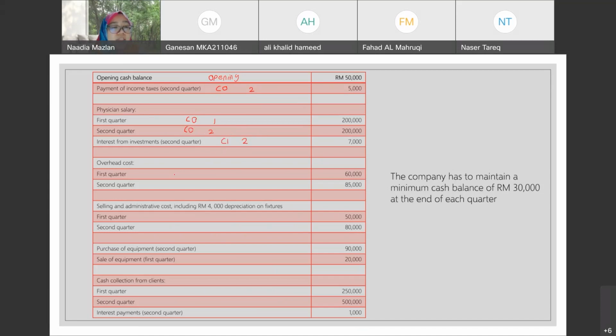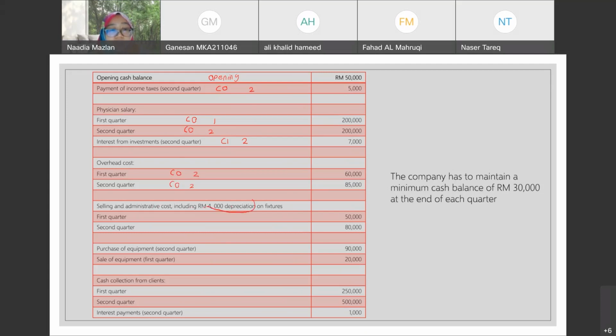So the overhead cost that you have to pay in the 1st quarter is cash outflow, and the 2nd quarter is also outflow. Now, selling and administration costs, including 4,000 depreciation.